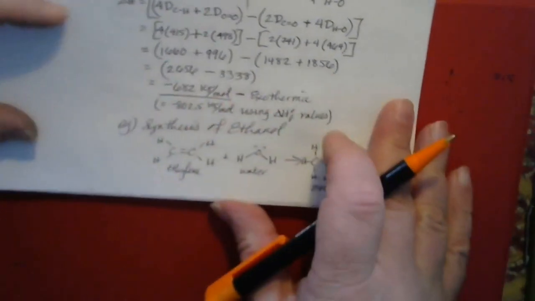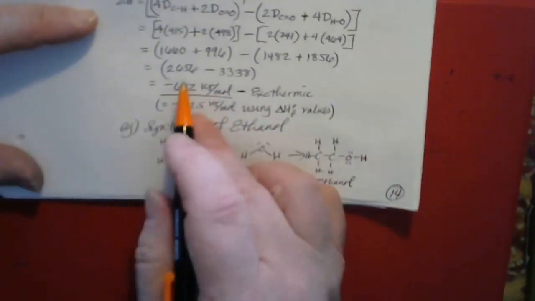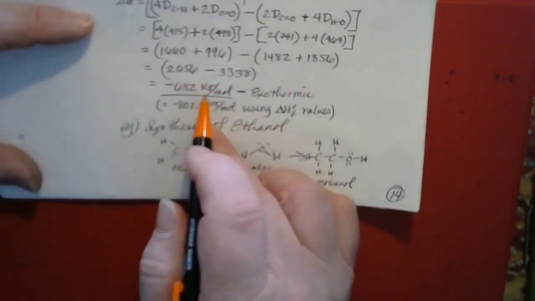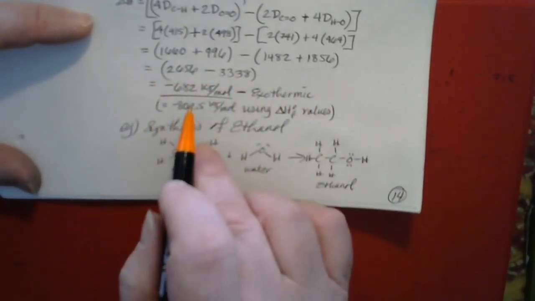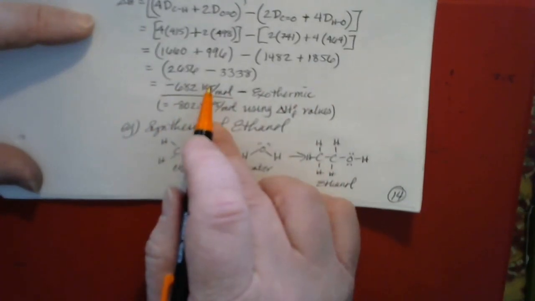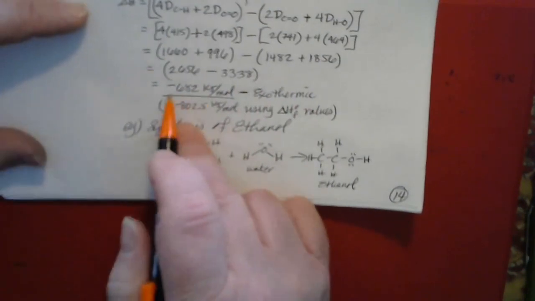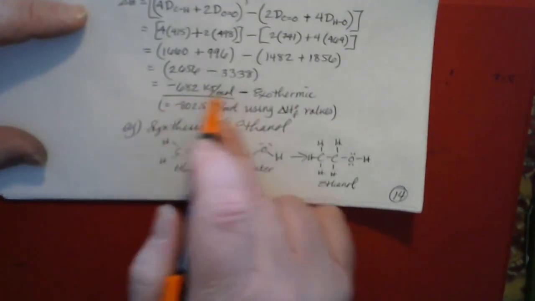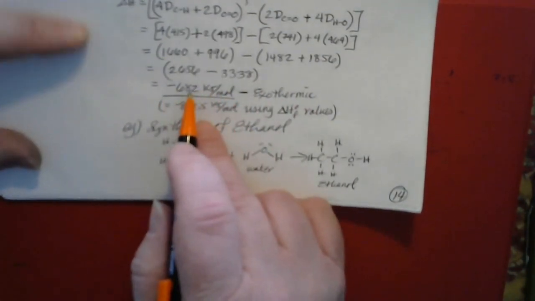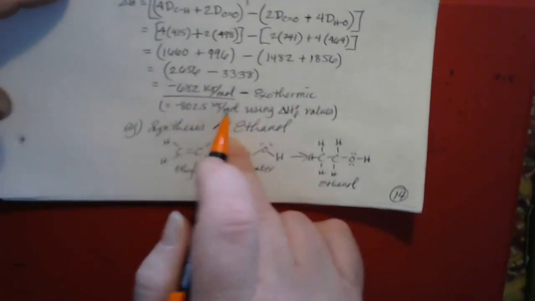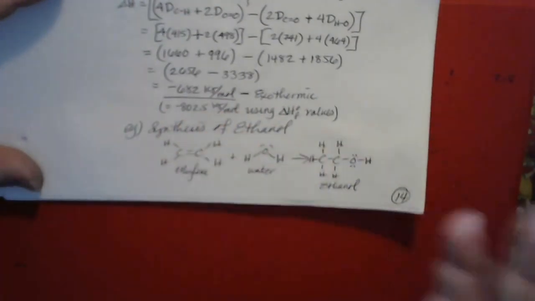I mean, it's not hugely different, but it's different enough that, again, a reminder is in order that using bond dissociation energies only gives you the approximate delta H for the reaction. And it's not all that far off. The number we got from bond dissociation energies is almost 700. The actual number is just barely over 800. So yeah, it could be worse.